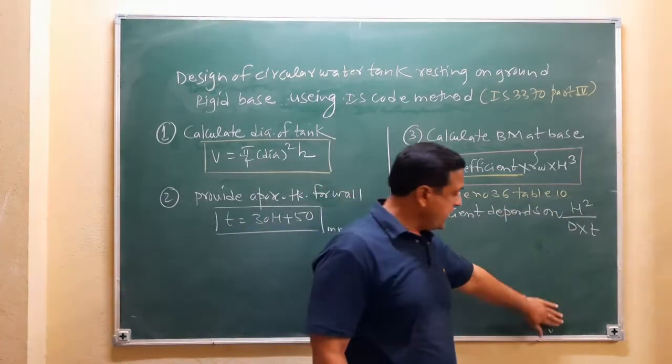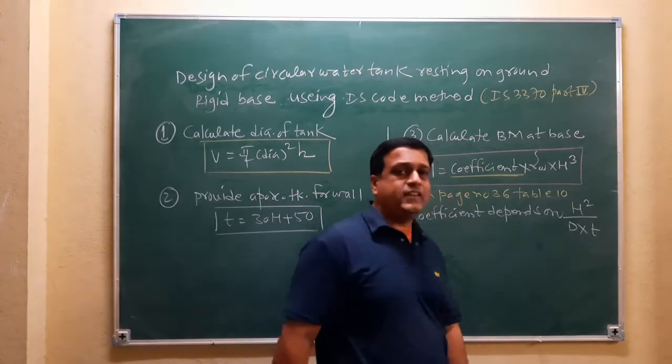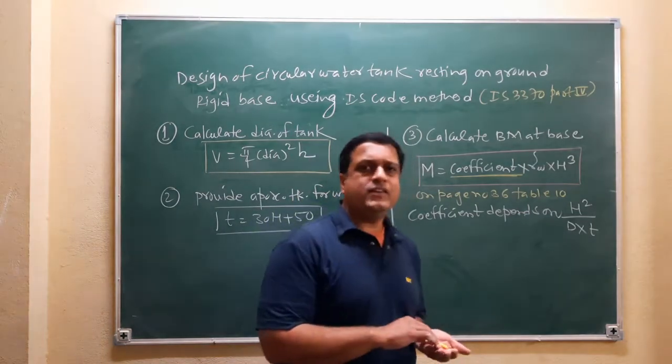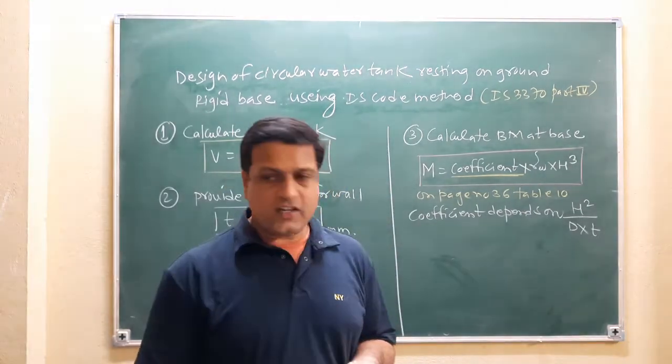So I will tell you exactly how you have to pick the coefficient from table 10. Okay, so table 10 has a layout like this.